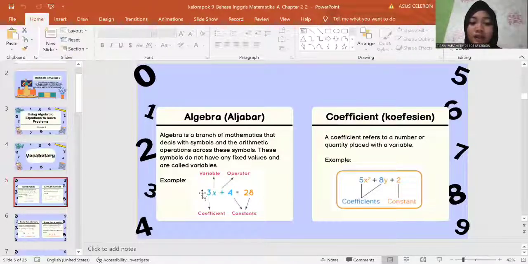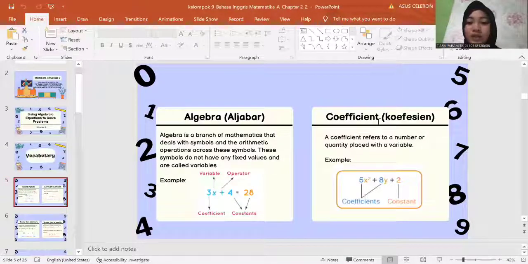In 3x, 3 is the coefficient and x is the variable. Plus is the operator. 4 is a constant and 28 is a constant. A constant is not a variable.